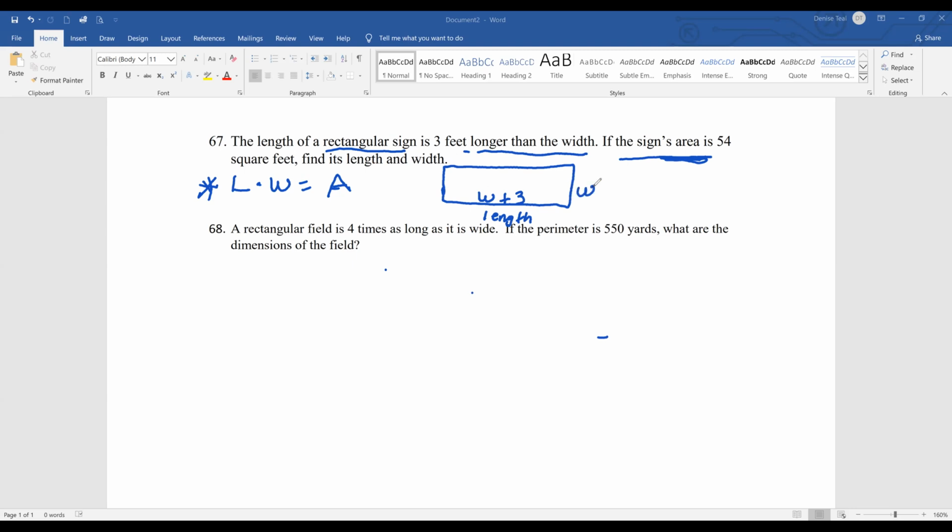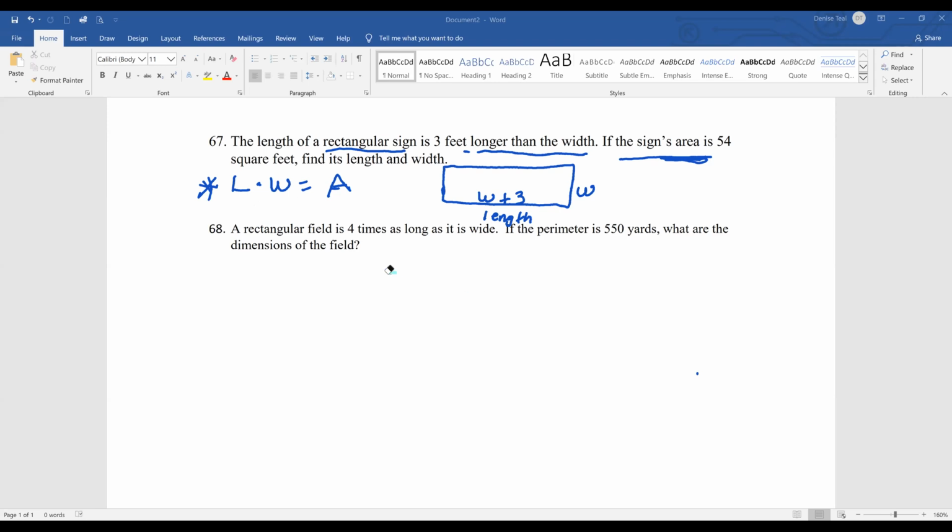So the important thing that you have to make sure that you do as a student is that you have an algebraic expression that represents the length and the width. So the length here is W plus 3, and the width we'll just use as the variable W. All right, and we know that the area is 54.